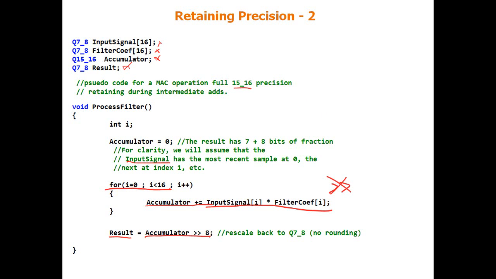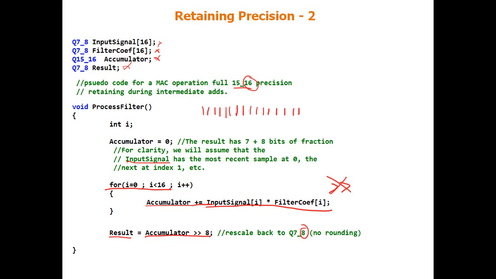Now, let's think about this. We had 16 bits of precision, and we went to 8. Whenever you shift back by 8, what we're essentially doing, let me draw this out here. I just really quickly drew 16 little ticks here.